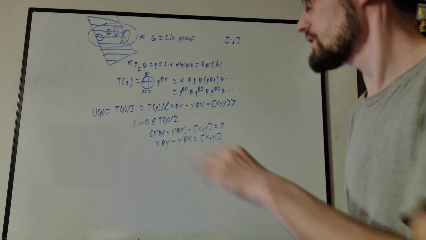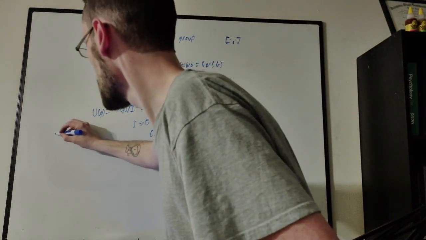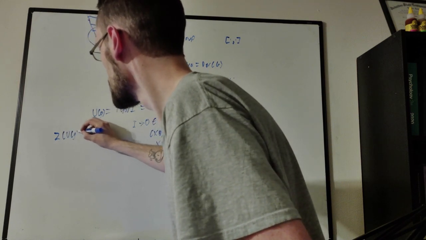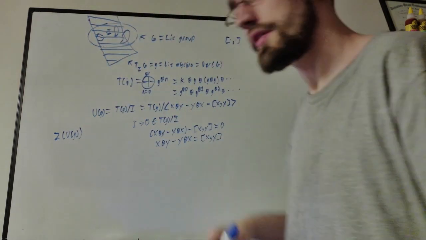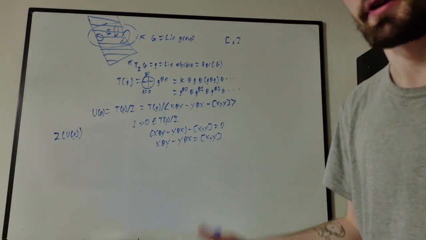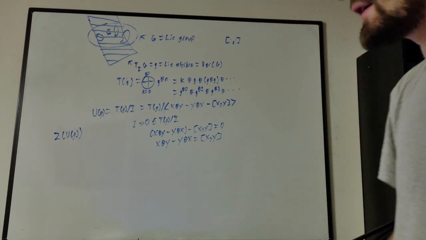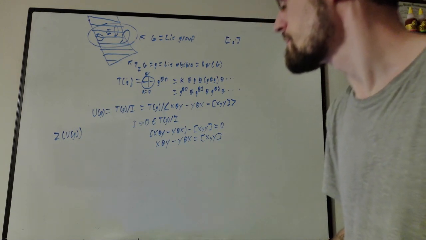What's important to note here, by the way, is that the center of Z gives us the Casimir operators, the bi-invariant differential operators. They don't distinguish between left and right invariants. These are bicovariant in a coordinate basis, if you will.